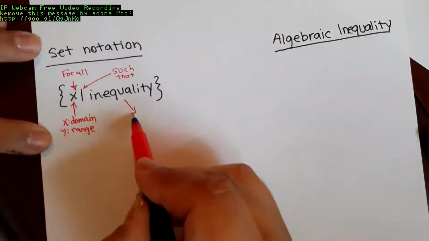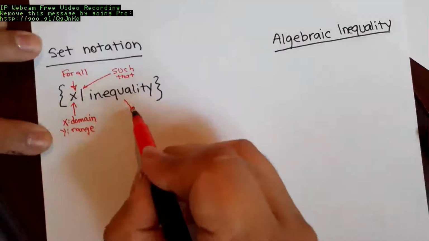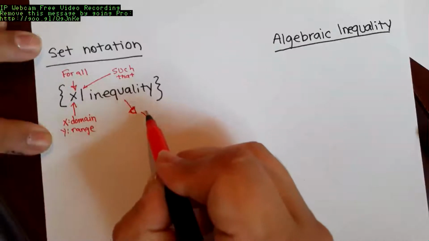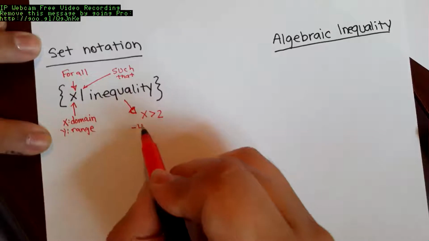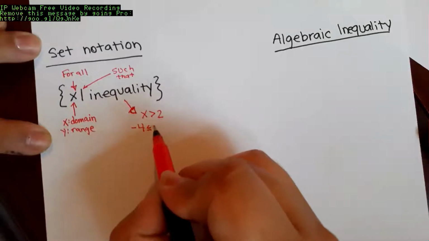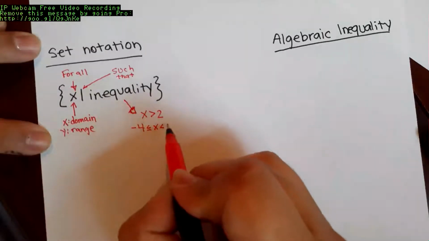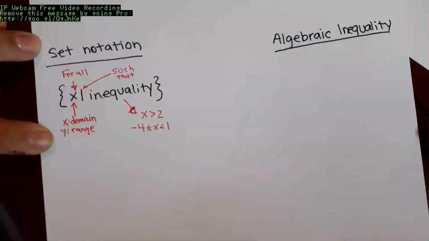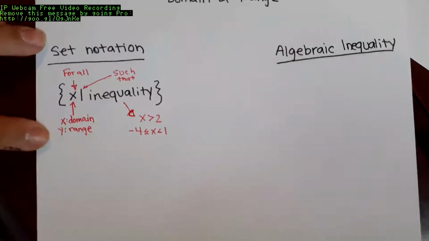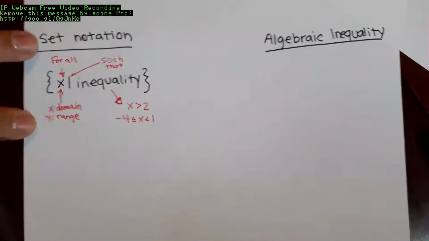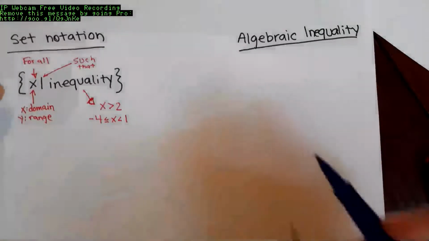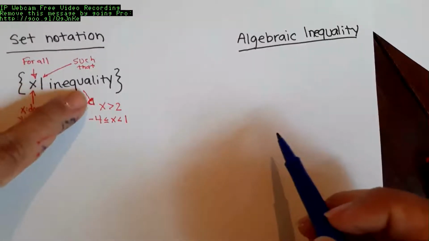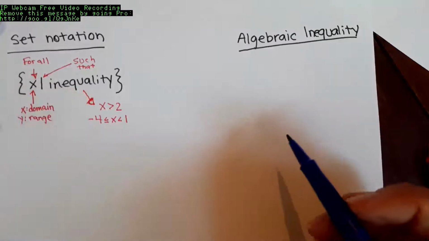So this inequality can look like, I know you guys have seen something like X greater than 2, or -4 less than or equal to X less than 1. So you're going to see something like that there for that inequality. Now for the algebraic inequality, we can actually get that out of the inequality part of our set notation.